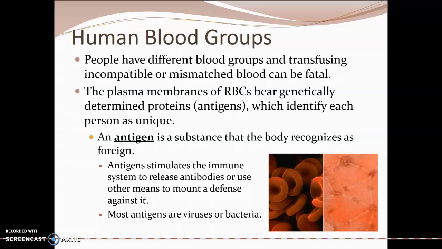So people have different blood groups and blood types, and there's a way to determine that, because your red blood cells actually have antigens on them that stimulate antibodies in your body and help your body interact with a certain type of blood.